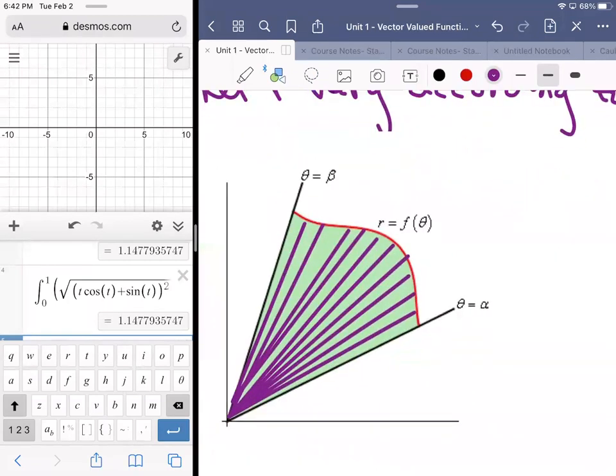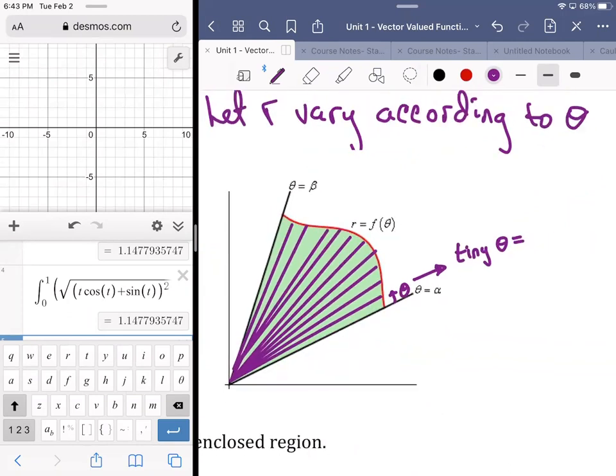We would be looking at those little teensy tiny steps being related to theta. But if they're tiny, we would call it d theta.